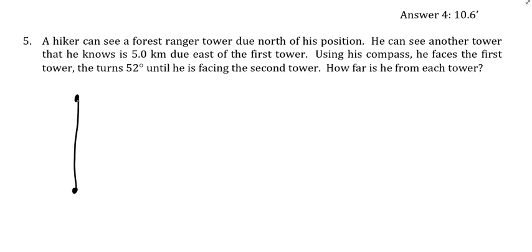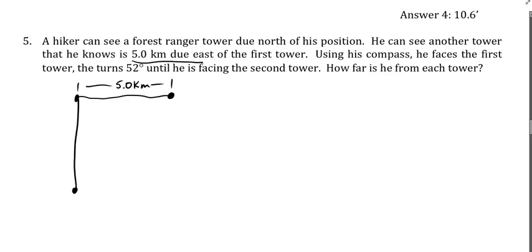He can see another tower, and he happens to know that it's directly east from his position, and it's 5.0 kilometers from the first tower. 5 kilometers due east of the first tower. So east and north are at right angles to each other. That's telling me the right angle.